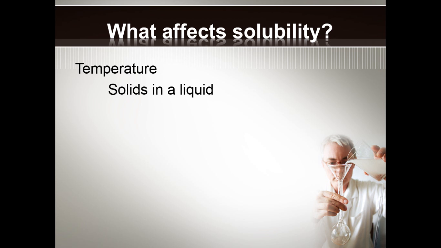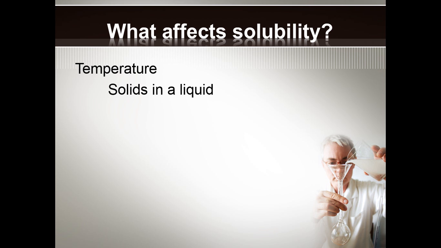So what we can conclude is that as you increase temperature with solids in a liquid, your solubility increases, or the amount of solute that you can get into a solvent increases. As your temperature decreases, that solubility decreases.